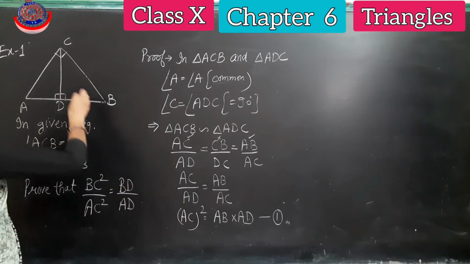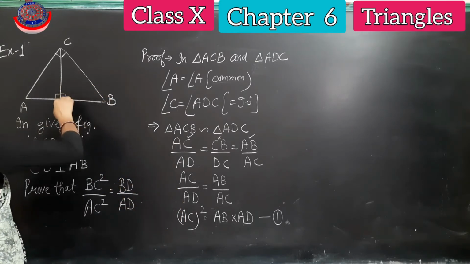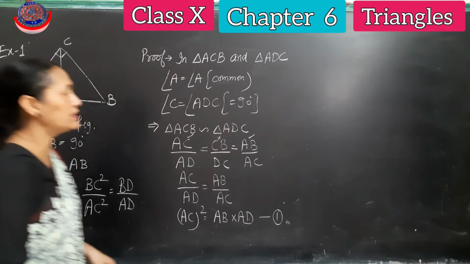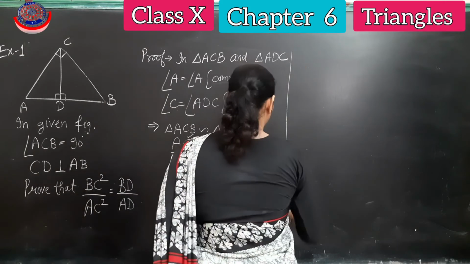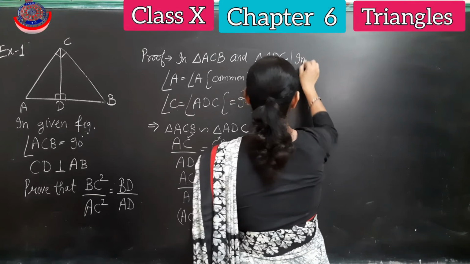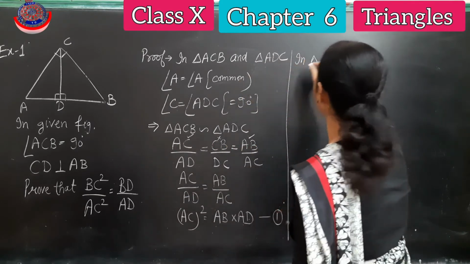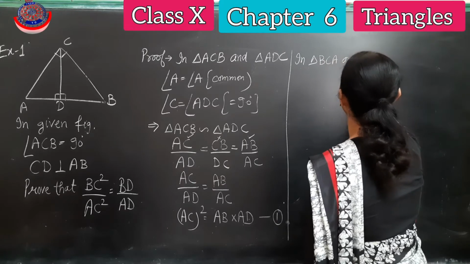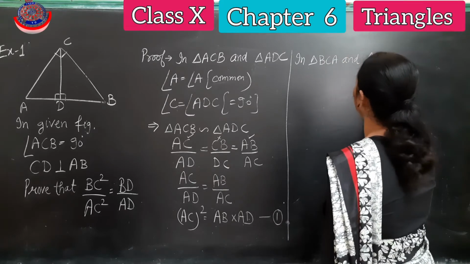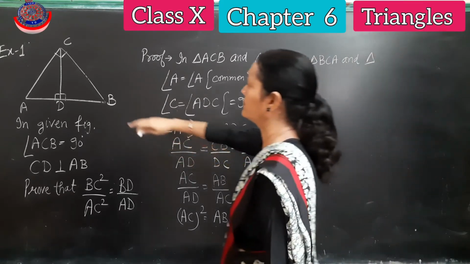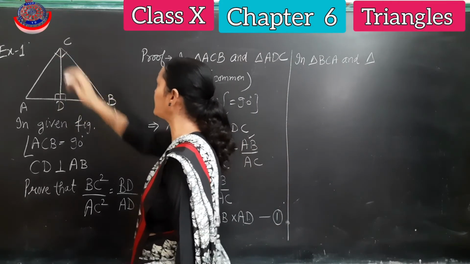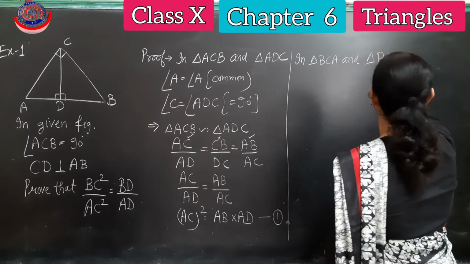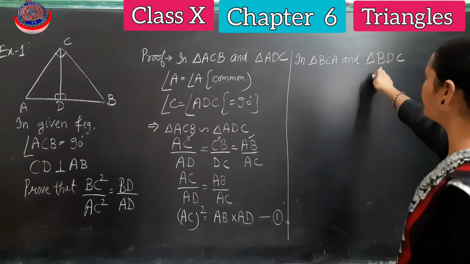Now we will be proving this triangle BDC and complete triangle BCA as similar triangles. So in triangle BCA and triangle BDC, angle B is common.